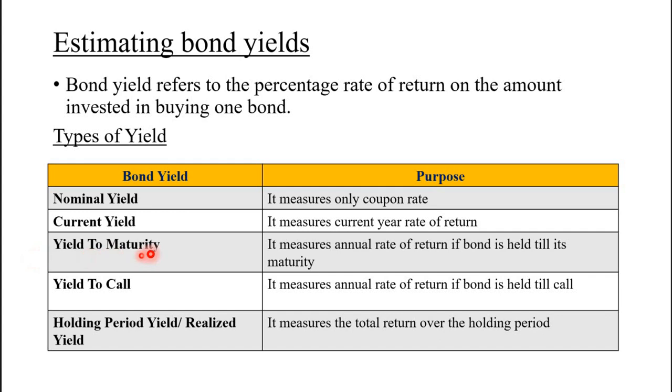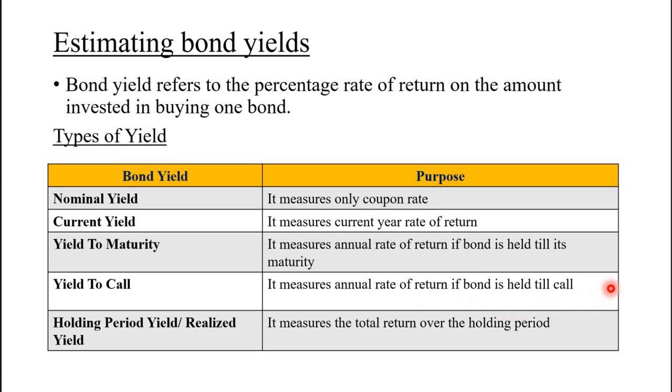Next is yield to maturity. It means the annual rate of return if the bond is held till its maturity. If you hold the bond till maturity, then annually how much return you get will be calculated under yield to maturity. Next is yield to call. It measures the annual rate of return if the bond is held till the call.